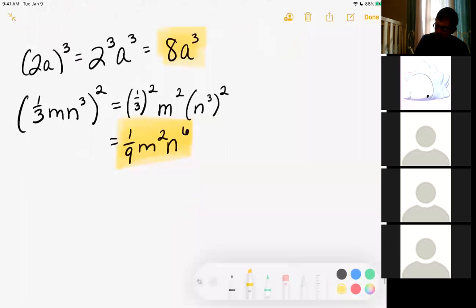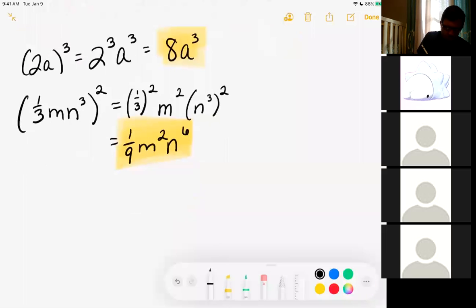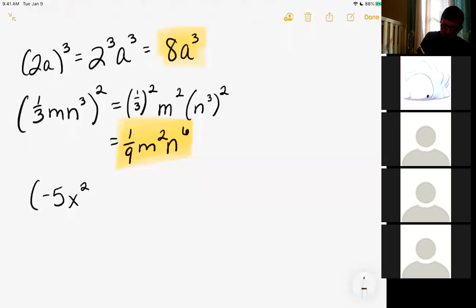Let's do one with negatives and then we'll move on, because these can be a little tricky as well. Just because a negative base, it makes a difference whether it's in parentheses or not.